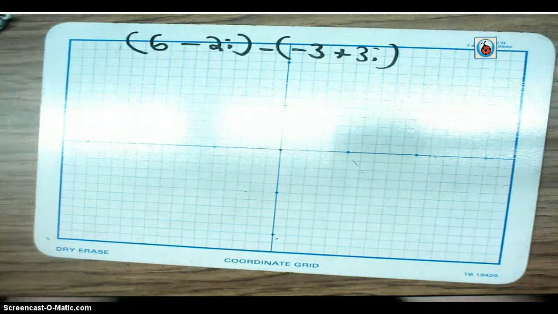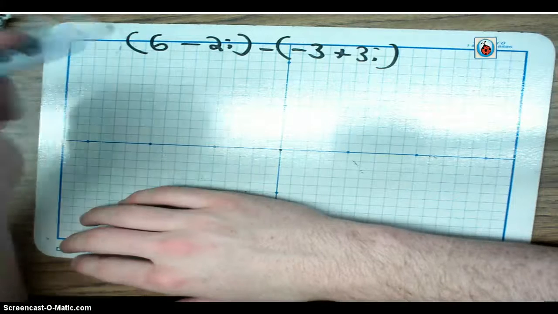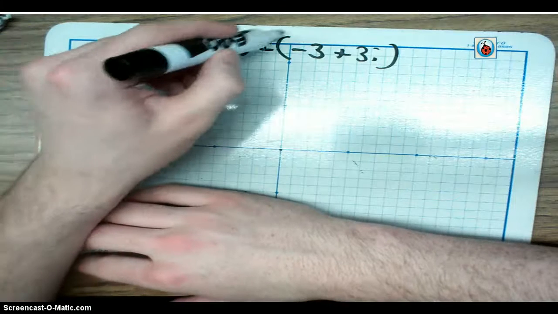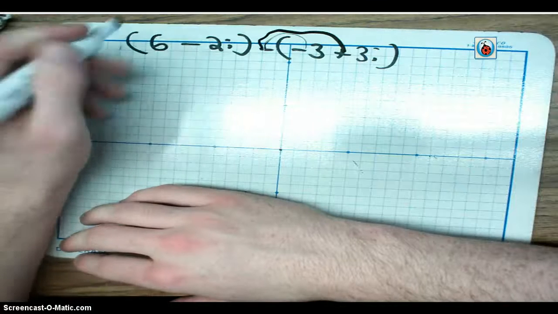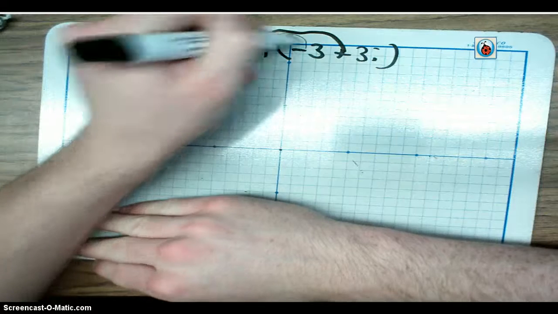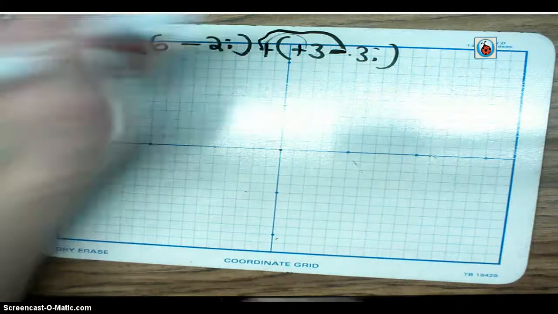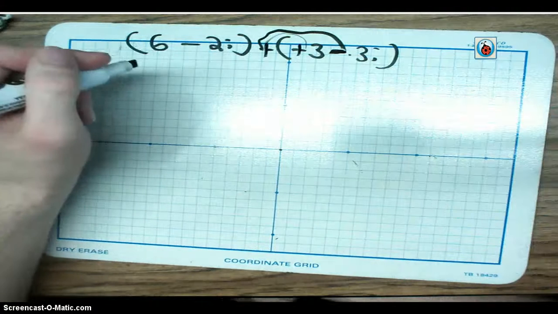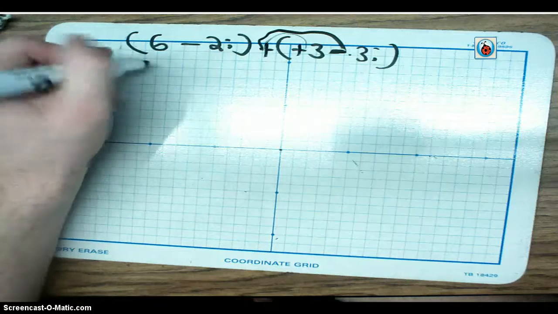Now we're going to add and subtract complex numbers. So we're going to subtract right now. To make this easier to start with, we're going to distribute basically this subtraction over. So now it becomes plus, minus. And then you take these down.